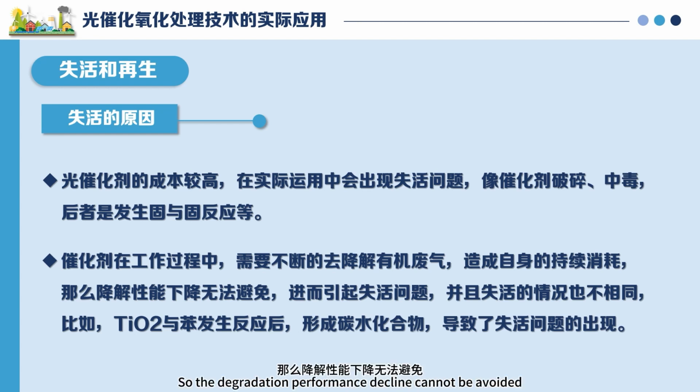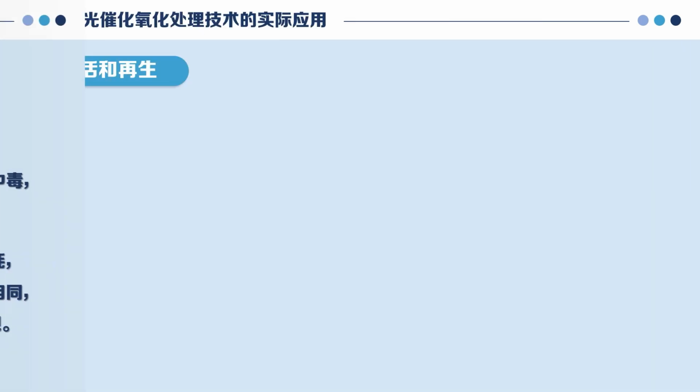So the decline in degradation performance cannot be avoided, leading to inactivation issues, and the situations of inactivation are also different. For example, after the reaction between titanium dioxide and benzene, carbohydrates form, causing inactivation issues.